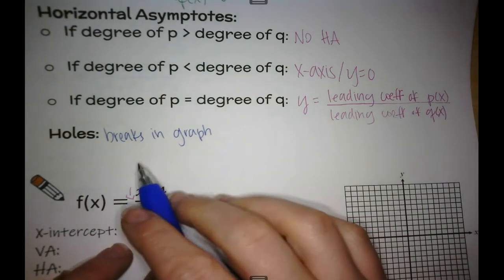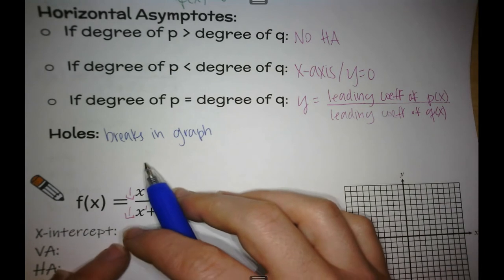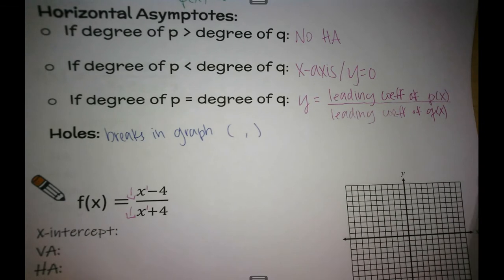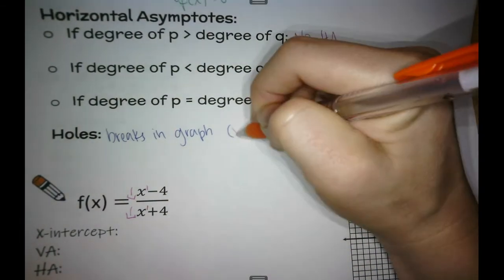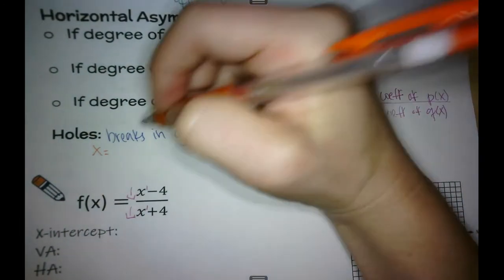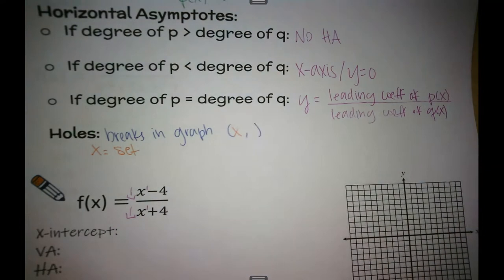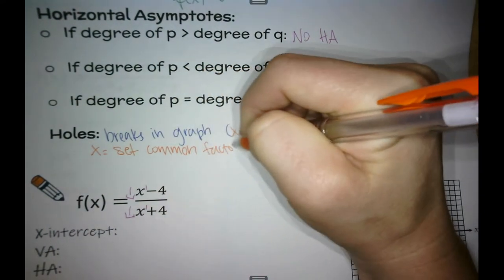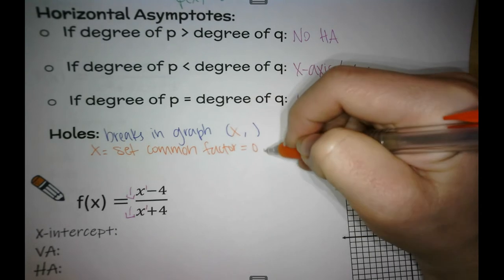So to find if there's a break in the graph, we're going to have a point. So we're going to have an x value and a y value. To find this x, we're going to set our common factor equal to 0 and solve.